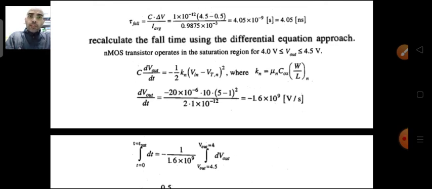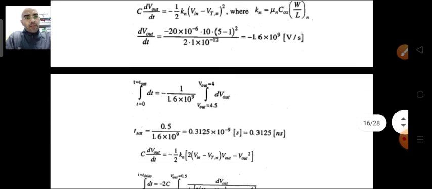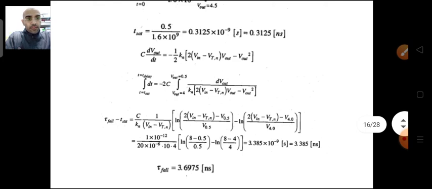So by the first method, the value is 10% more than the other method.